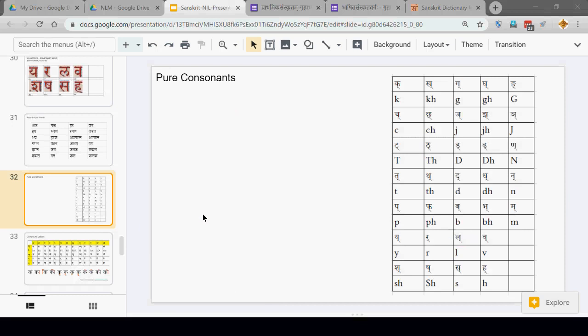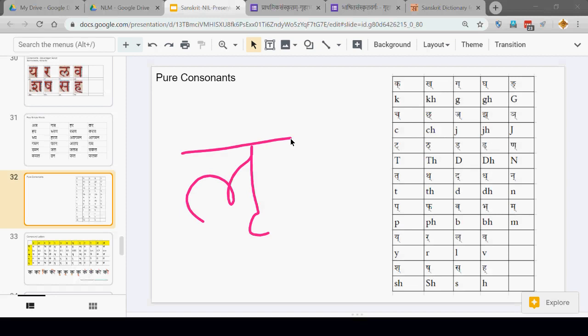There is no separate symbol, but based on the word we are using, we have to know whether it is a consonant or a vowel.